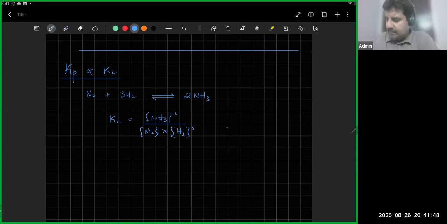The only difference was that Kp uses the partial pressure due to the NH3 gas, squared, divided by the pressure exerted by N2 times the pressure exerted by H2, cubed.